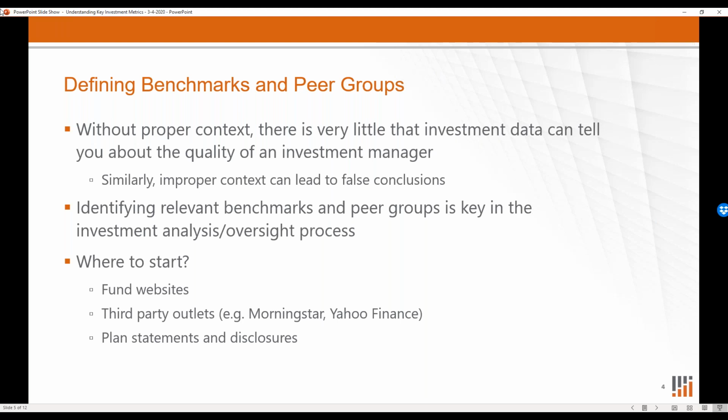Morningstar is a great example. They're a leader in investment research and data aggregation. Anything and everything fund-related and data-related will be aggregated on Morningstar's website, and Morningstar applies its own subjective assessment of what the correct benchmark and what the correct peer groups for an investment might be.